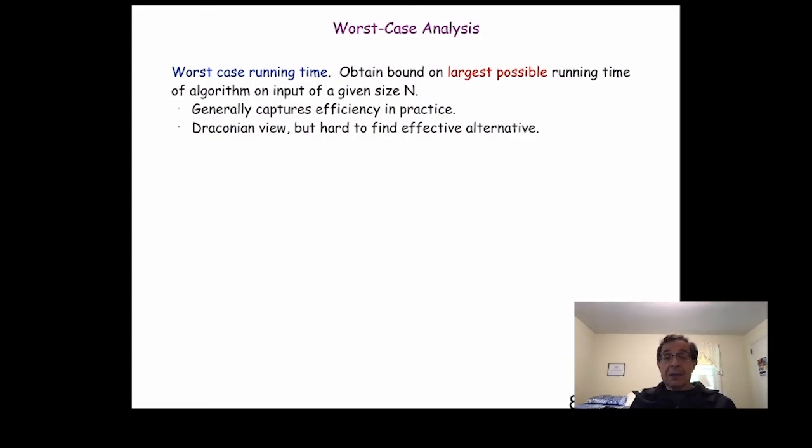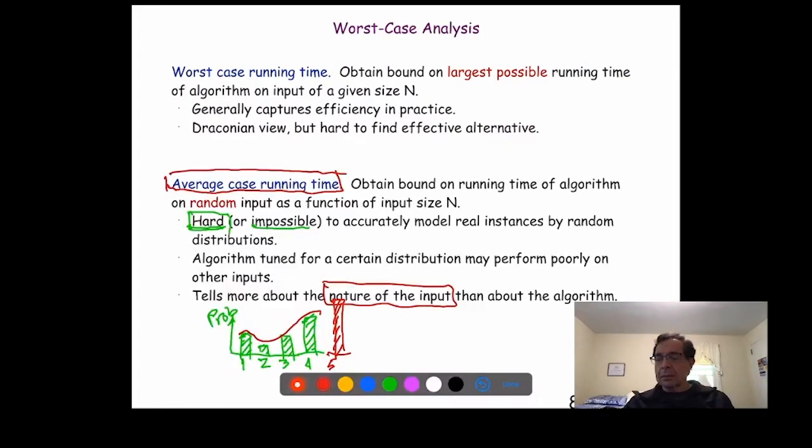So we are interested in an upper bound for the largest possible running time of an algorithm. So we are not using the average case. We stick with the worst case running time analysis.